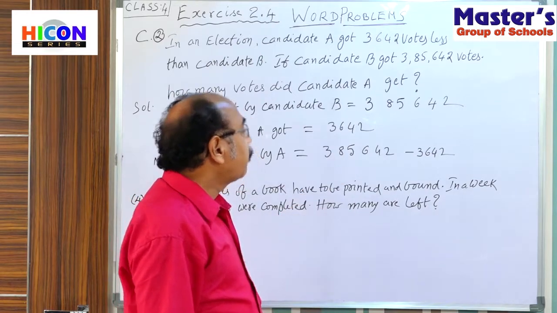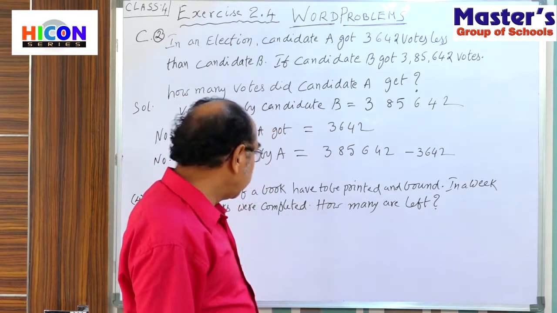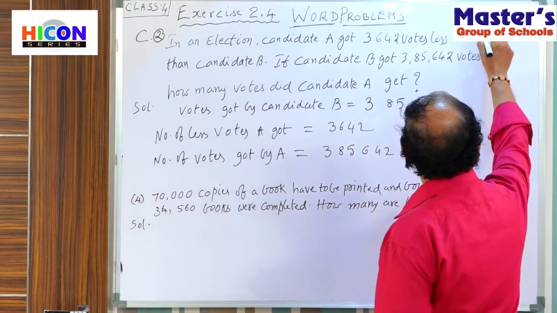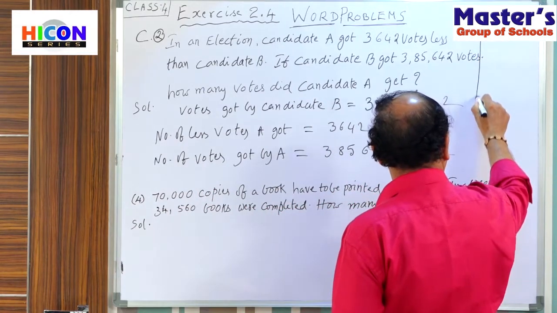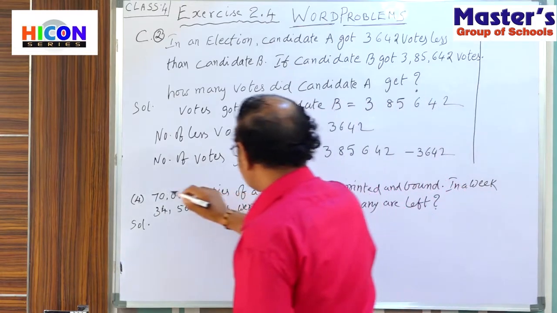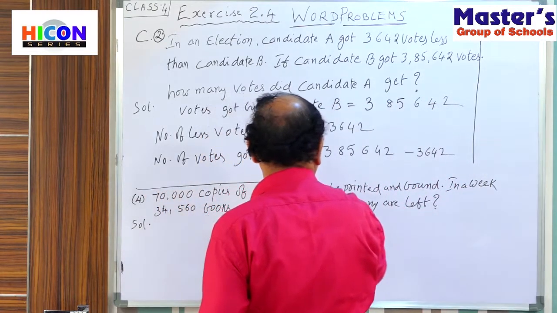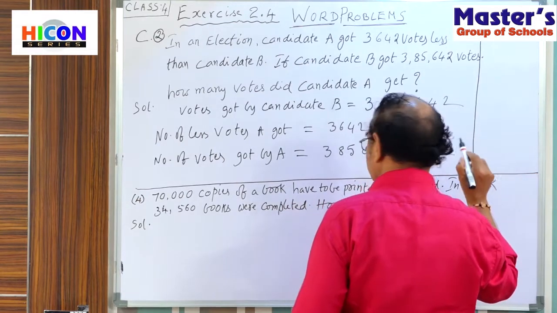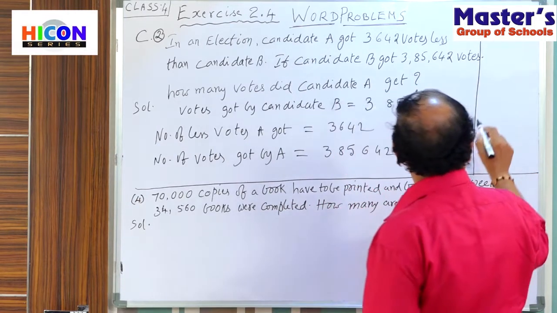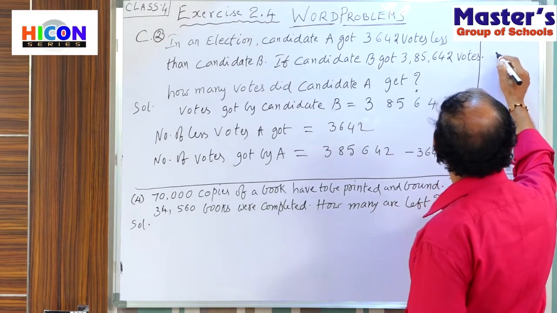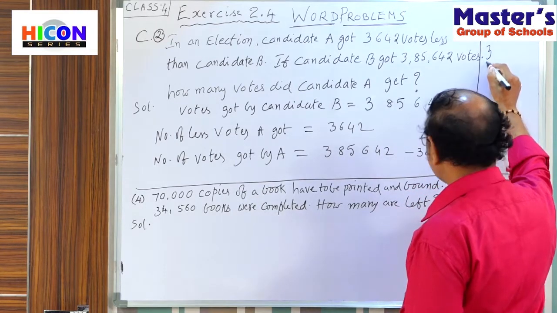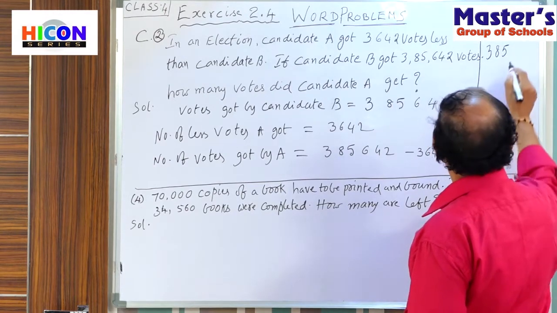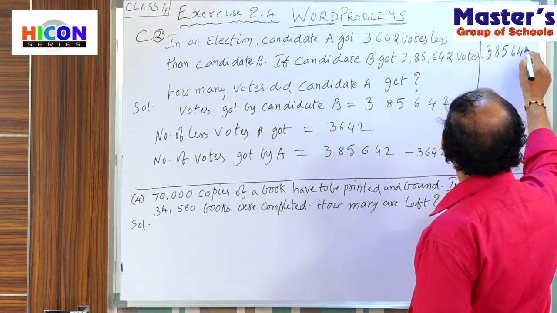So do the subtraction now. In the margin, we can show the subtraction. Okay, see, 3 lakhs 85,642.